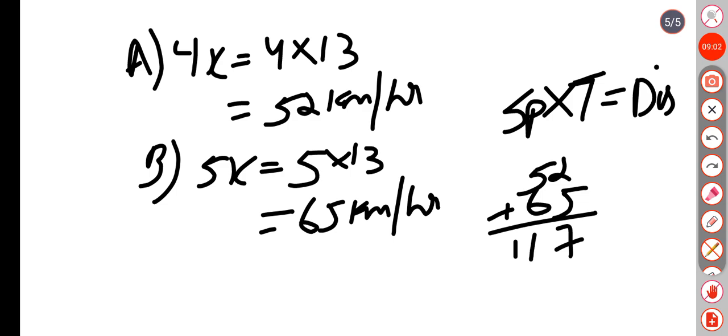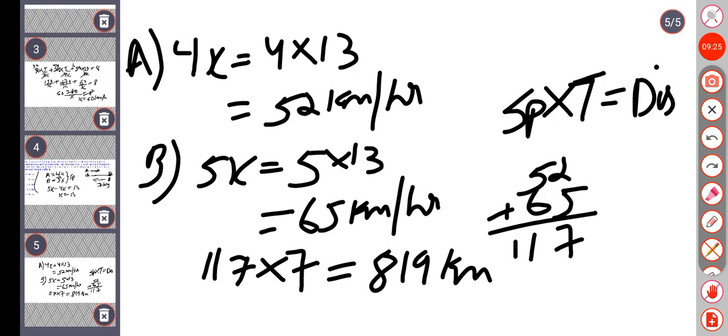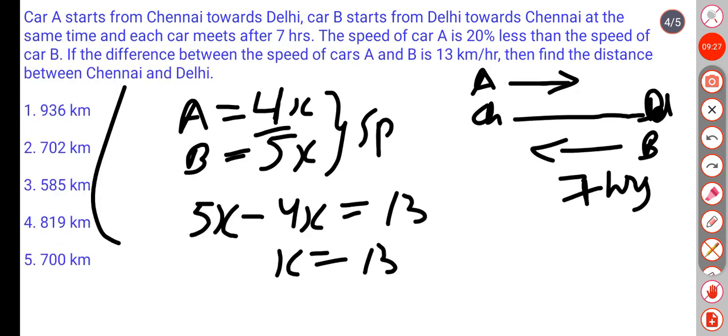So your speed 117 into time, which is already given, 7 hours. And so if you multiply, you get 819 kilometers. So your distance is 819 kilometers.